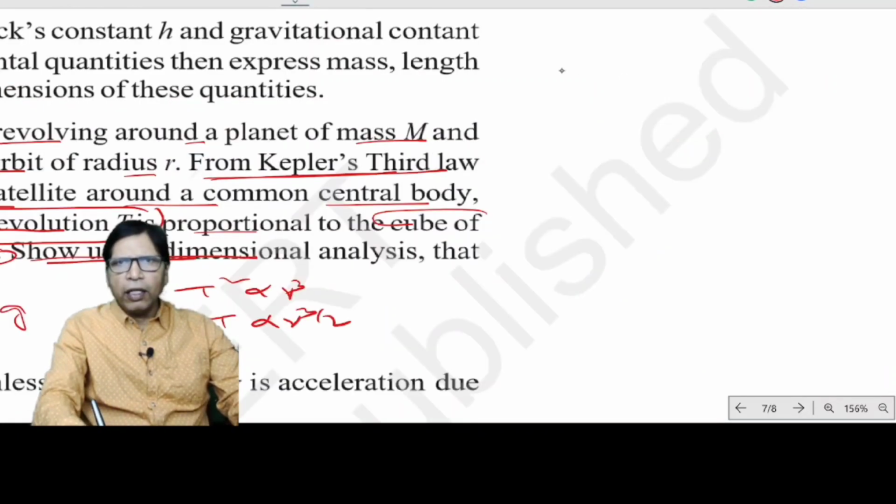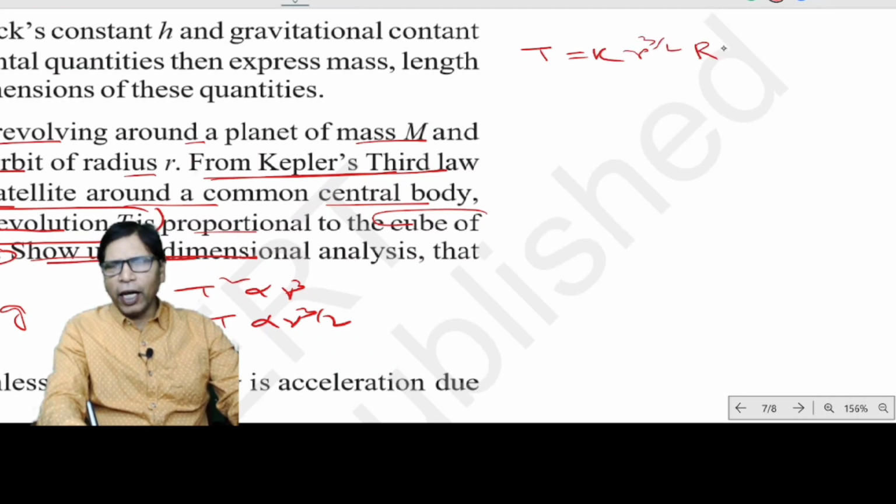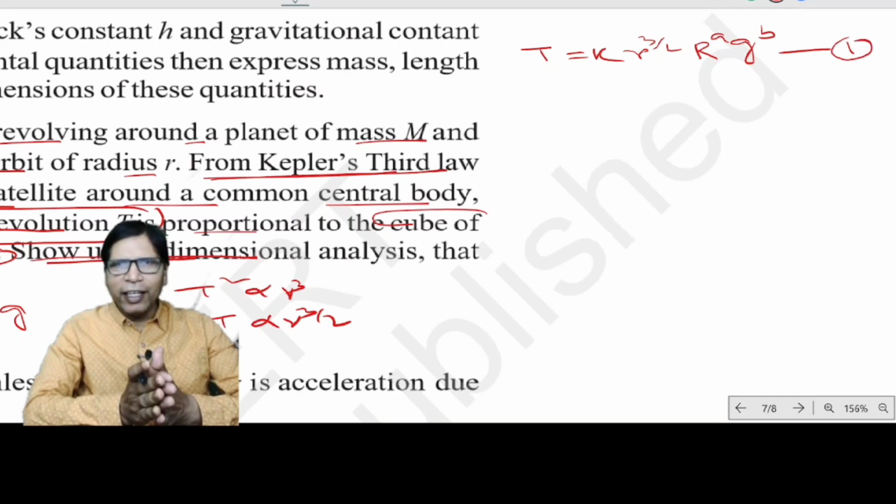So T equals k r to the power 3 by 2 into R to the power a into g to the power b, where a and b are the indices and k is a dimensionless constant.